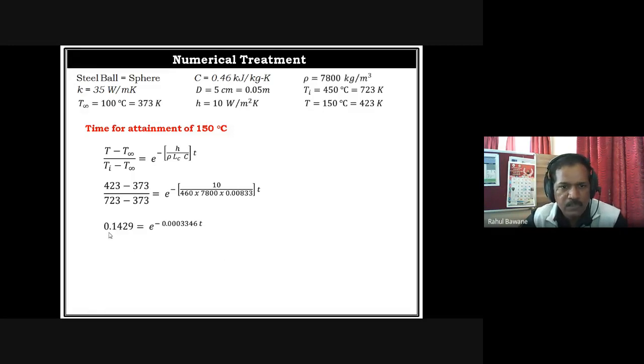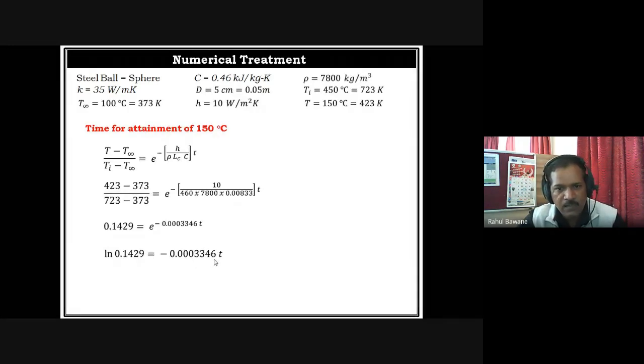Now on simplifying, we get this relation. Now we are interested in time. So we will take ln on both sides. So ln of 0.1429 is equal to minus 0.0003346 t. Now the answer of this, it will be minus 1.9456.